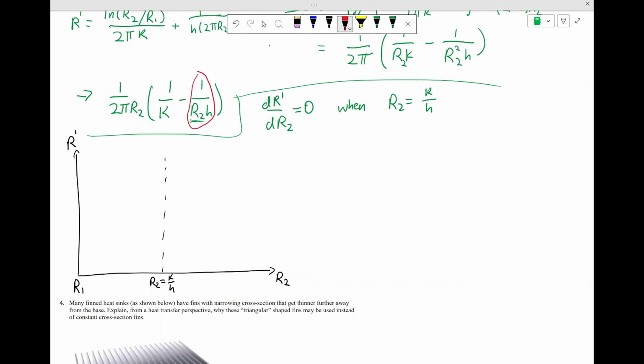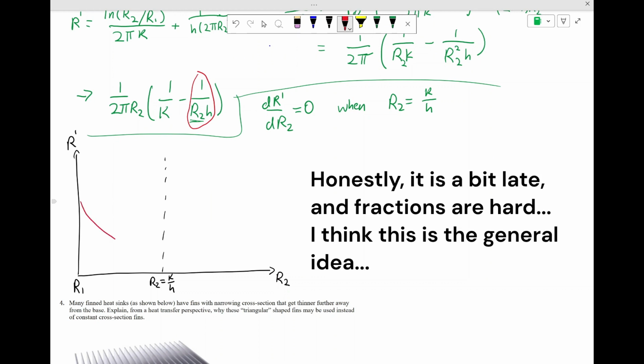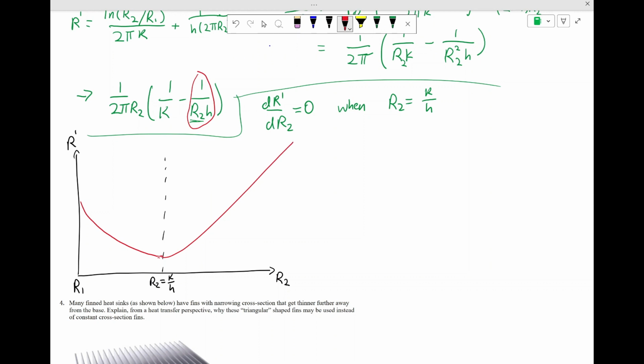So therefore, the magnitude of the second term will be greater than the first term, so you'll have a negative number. So that means that here you would have a negative slope, or in other words, r is going to be decreasing up to this point, and then beyond that r is going to be increasing.